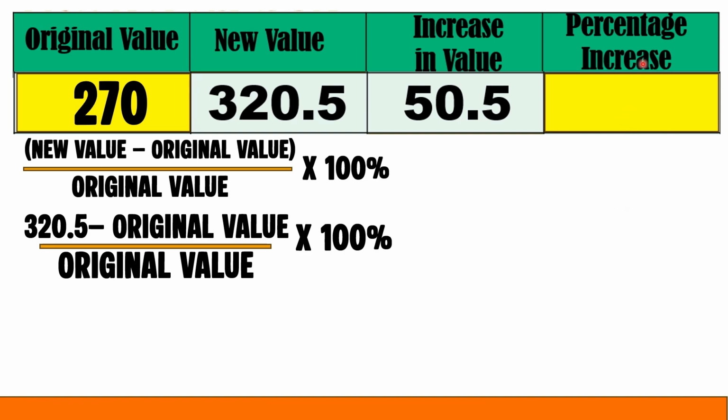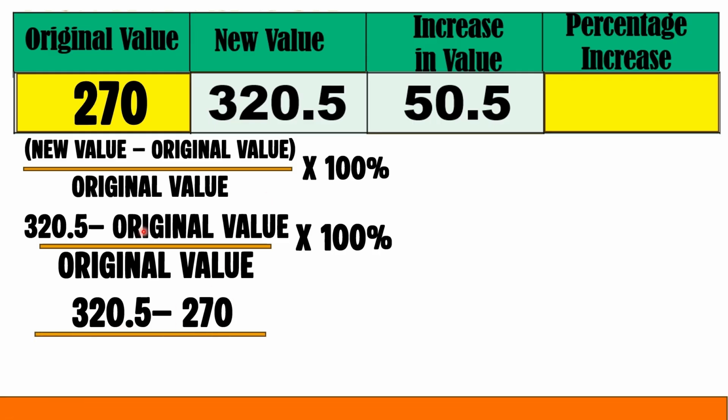To find the percentage increase, we use the formula new value minus the original value divided by original value. Let's substitute the value, which is new value 320.5 minus the original value 270, divided by, again, the original value, which is 270, times 100.